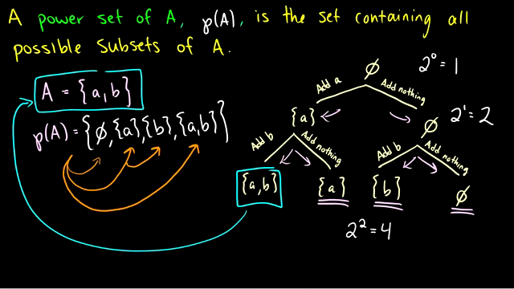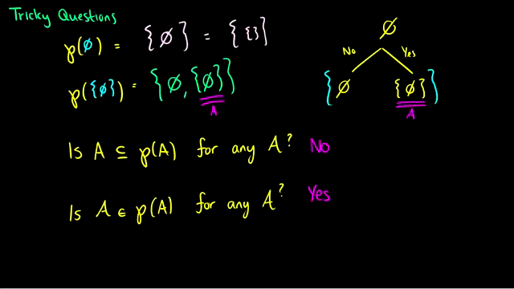There are some cases where the original set is a subset of the power set, but not all cases. For instance, the set {A, B} is not a subset of the power set, it's just an element in this case. But if we compare it to this example, we would see that A is a subset of the power set. But this is just one situation in which it does occur. So all the time A is an element of the power set, but not all the time is A a subset of the power set.